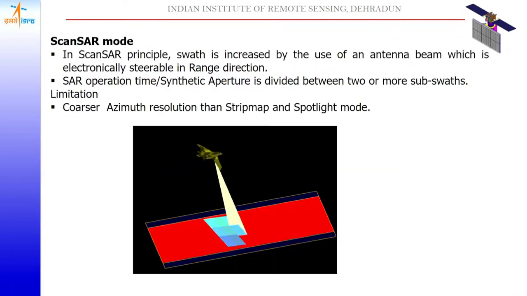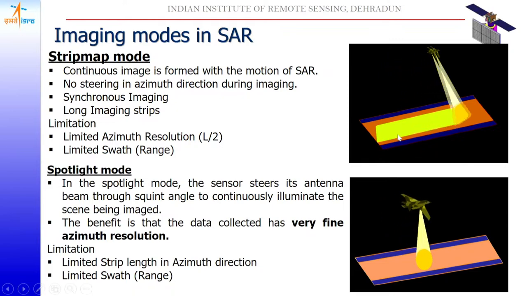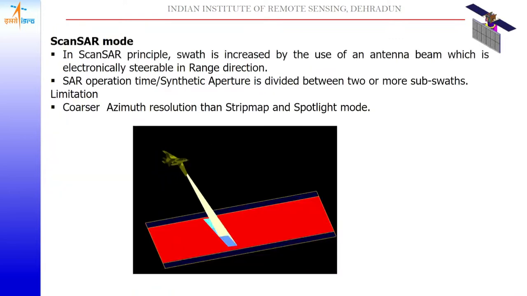Third, because in the strip map and spotlight modes we have a limited range swath, how do we increase the range swath? For that we have the ScanSAR mode. In the ScanSAR mode, the swath is increased by use of an antenna beam which is electronically steerable in the range direction. So we will use a different beam concept.